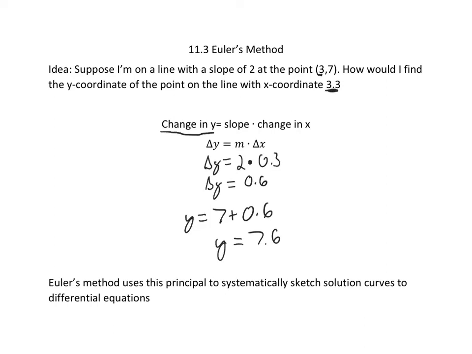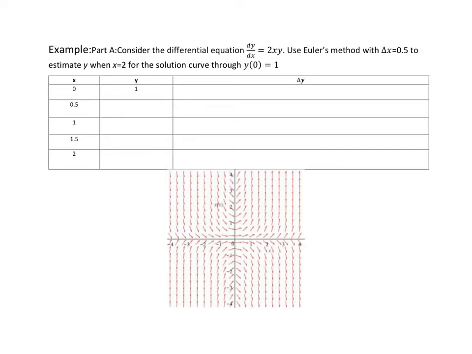So what we're going to do is actually use slope, and we're going to systematically sketch some curves to a differential equation. So let's consider the differential equation dy/dx equals 2xy. That's saying the slope equals 2 times the x value times the y value.